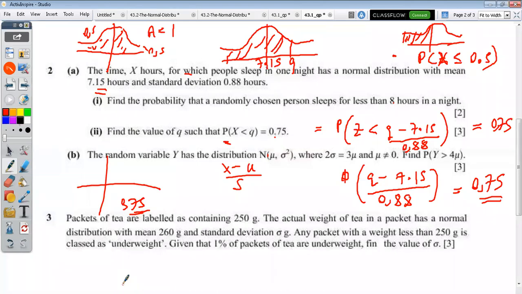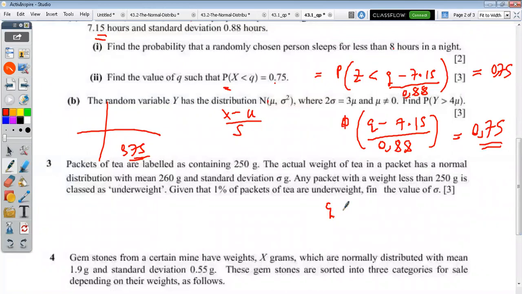Then if we add the extra digit on the 4 there, you find that this will now be (Q minus 7.15) over 0.88 is equal to 0.674. I hope everyone is clear there.